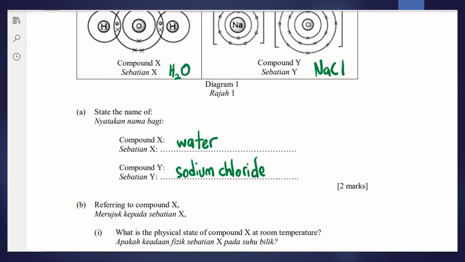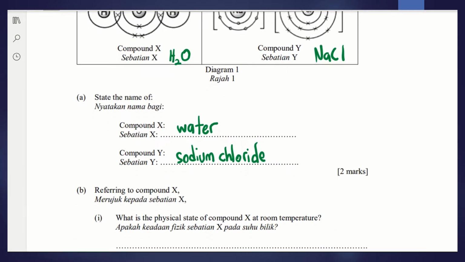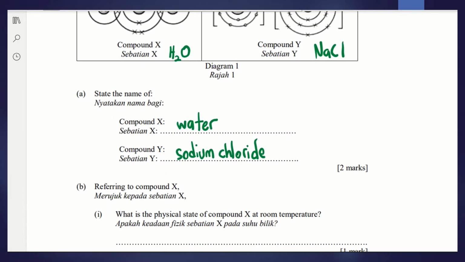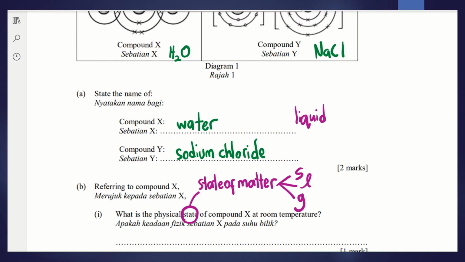Next question, referring to compound X, what is the physical state of compound X at room temperature? We have 3 states of matter, which are solid, liquid and gas. Compound X exists as liquid at room temperature, while compound Y exists as solid.